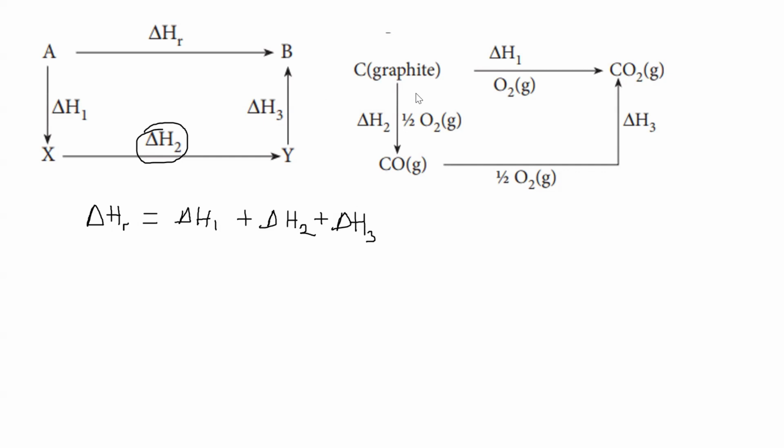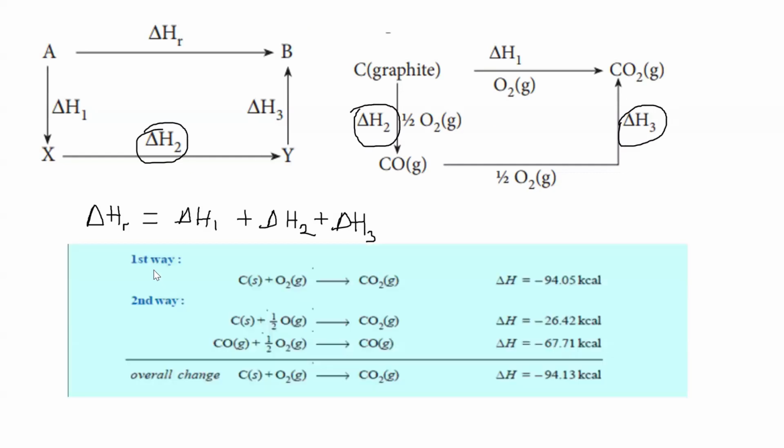Here the graphite can react with half a molecule of oxygen gas to produce carbon monoxide, and at the same time, the carbon monoxide reacts with another half molecule of oxygen to generate carbon dioxide. So you can clearly see that the reaction now undergoes multiple steps. To get the enthalpy change of the formation of carbon dioxide, we say the enthalpy change at this step plus the enthalpy change at this step.